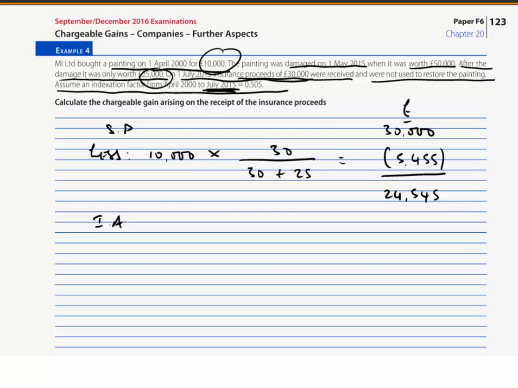Of course, we now need to apply indexation allowance here, and what is our indexation factor? Well, they've told us through to the date that we received these proceeds, it's 0.505. What do we apply it to? Our allowable cost. What is our allowable cost? You've just calculated it. There it is, £5,455.